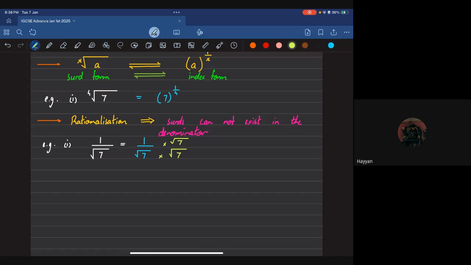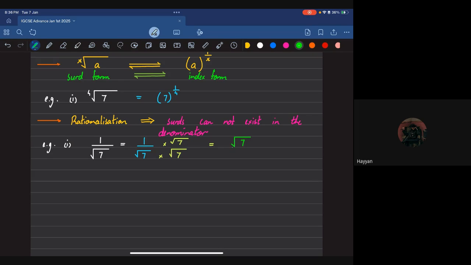Multiply with whatever you're multiplying with, you just have to make sure that you're doing it on both ends, denominator and numerator. What does that do? Now, the top part can be salvaged. We already know what the top part looks like. I can say that 1 times under root 7 is obviously under root 7.